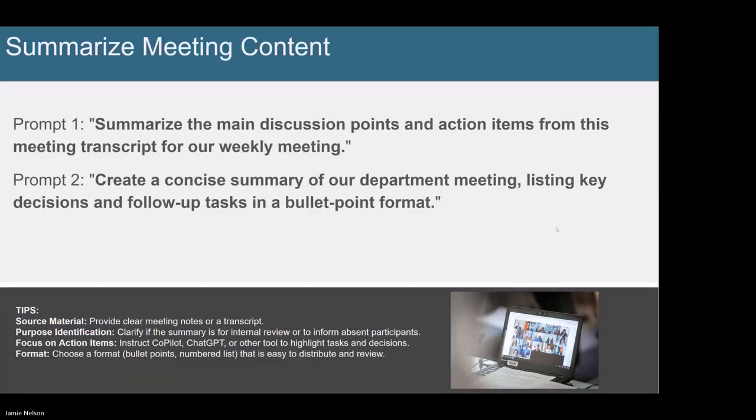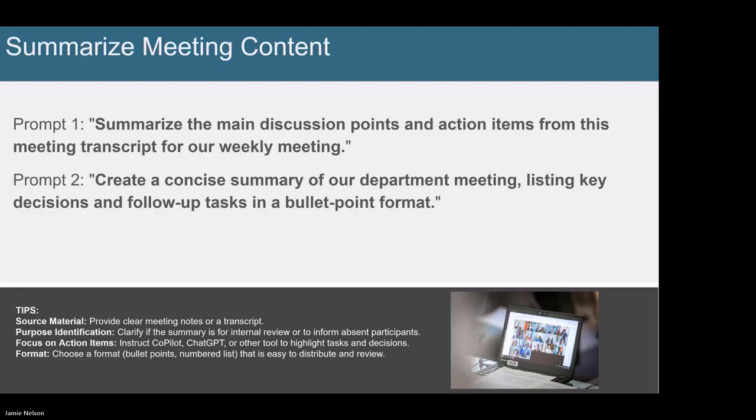We also can summarize meeting content. You heard me in the beginning talk about not using third-party vendors, but the good news is we have a couple of ways that we can use AI to help summarize meeting content. You'll notice that Copilot is now embedded in Teams. If you're recording a meeting, Copilot will summarize and give you bullet points for the meeting, follow-ups, and takeaways.